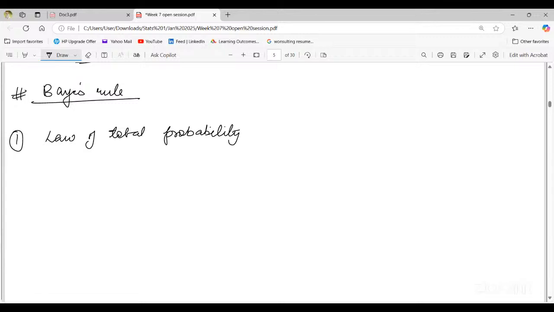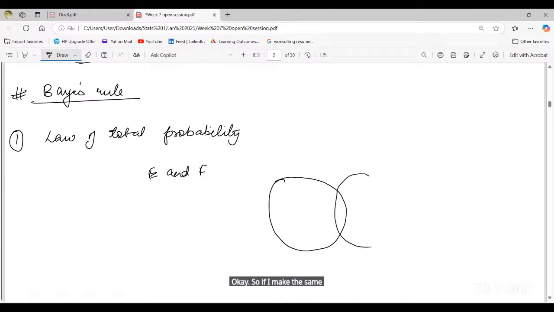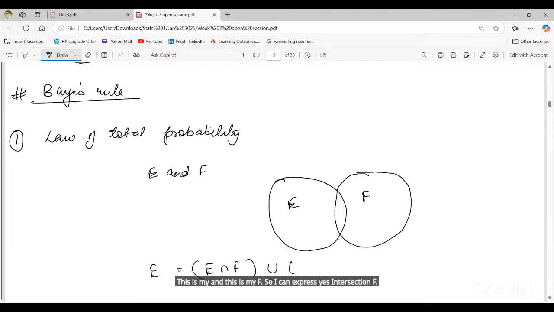If I'm having two events, E and F, and I make the same graph, this is my E and this is my F. I can express E as E intersection F union E intersection F complement.